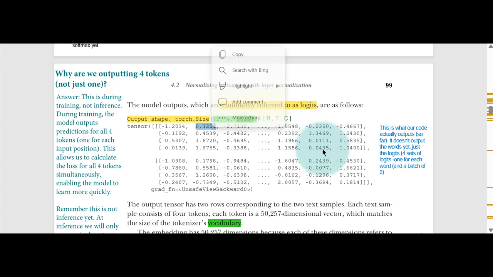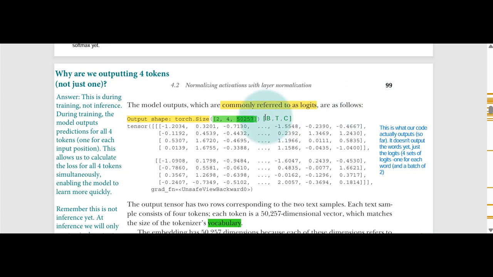So that's why we get this 50,000-something as the embedding dimension on the output: it's representing all the different possible vocabulary tokens that we have.